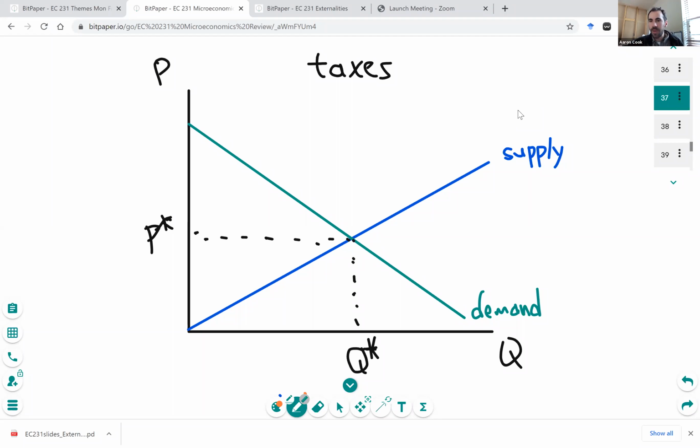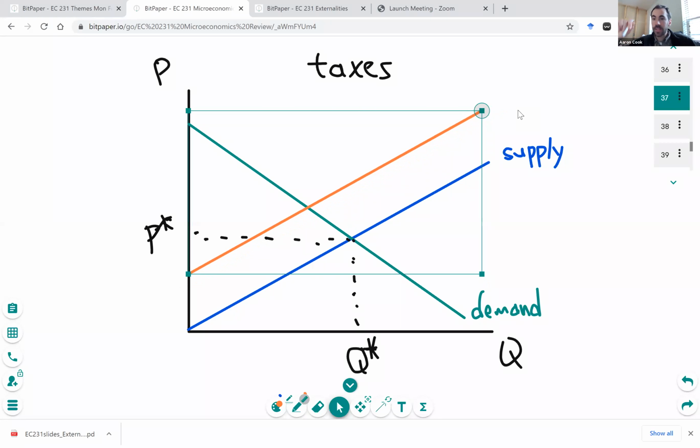In this case, it's not a bill to the owners of the resources, it's a bill to the government for transacting. So remember, if costs are going up, if suppliers have an extra cost, that's essentially something that is going to increase their marginal cost of production, and you can represent that by an upward shift in the supply curve.